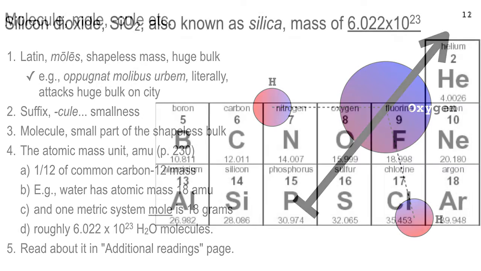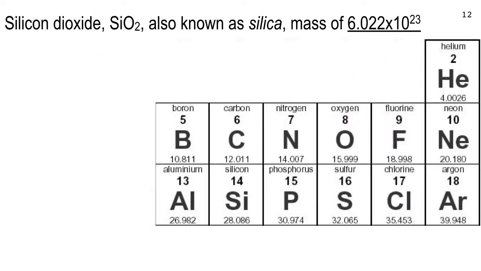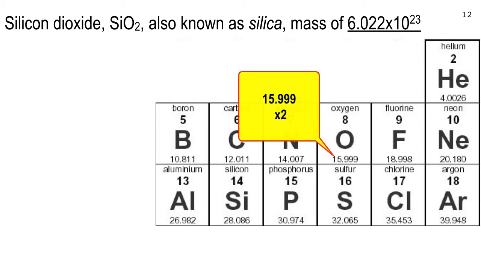All right, let's try an example. Silicon dioxide, SiO2, also known as silica. Let's figure out the mass of 6.02 times 10 to the 23 of those babies. Okay, so you do this by looking at first oxygen. There's 2 oxygens in SiO2, and each one of those is 15.999.